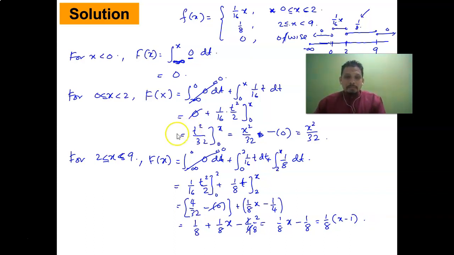Okay, it's not end yet. We get another one here: 4x greater than or equal to 9.